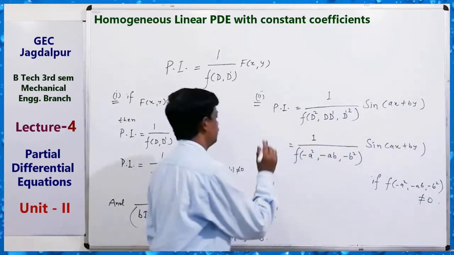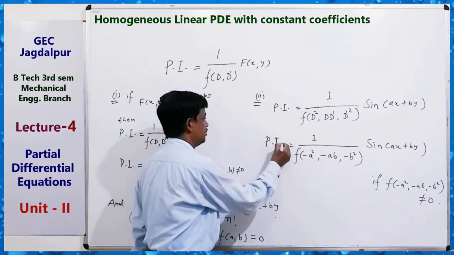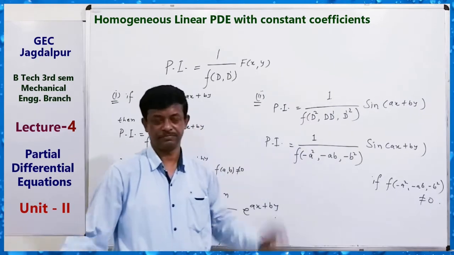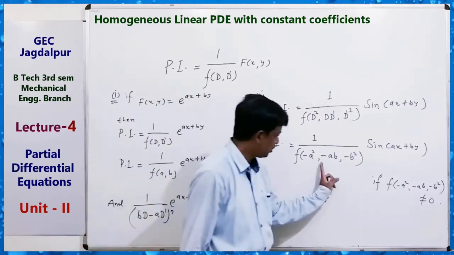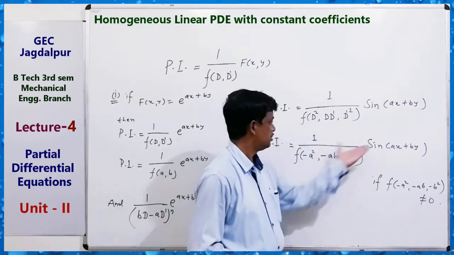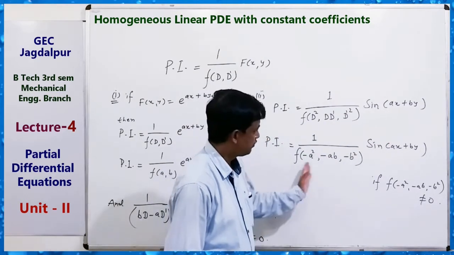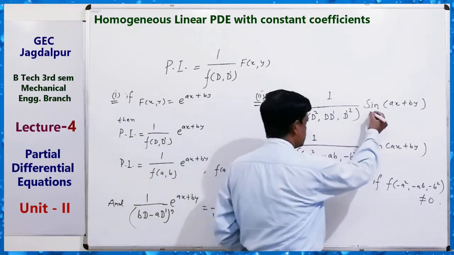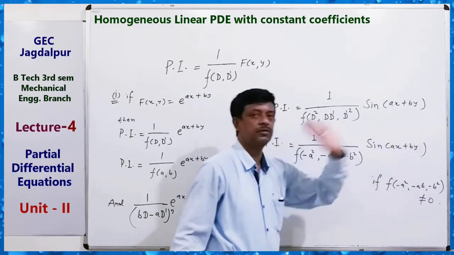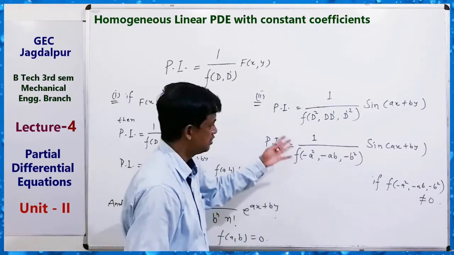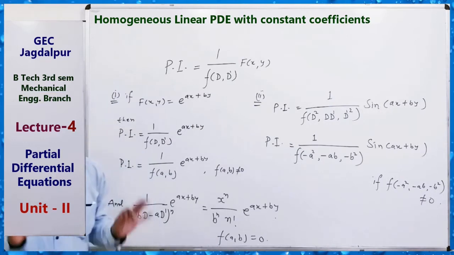This is the particular formula here. The value of this equals this, if it is not equal to 0, then we can write this. If we take cos here, then we will also get cos. This is for sin and also for cos. This formula is used. Clear?